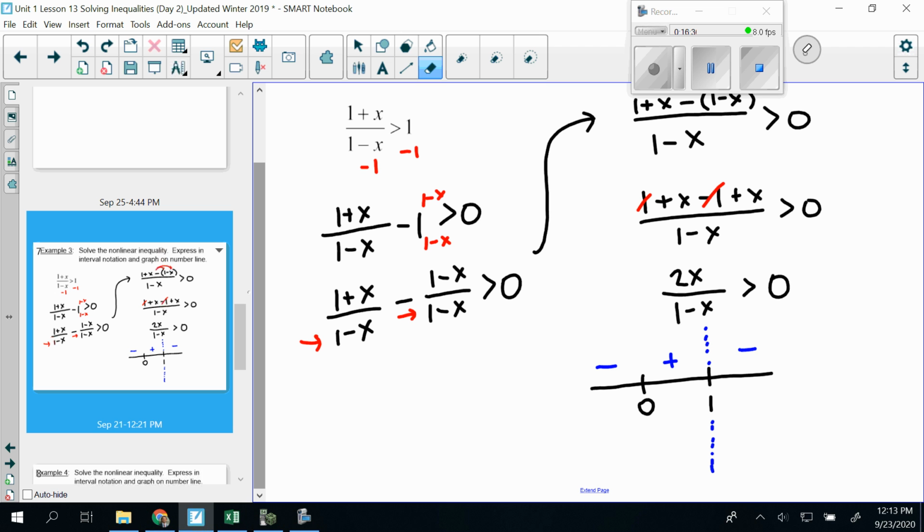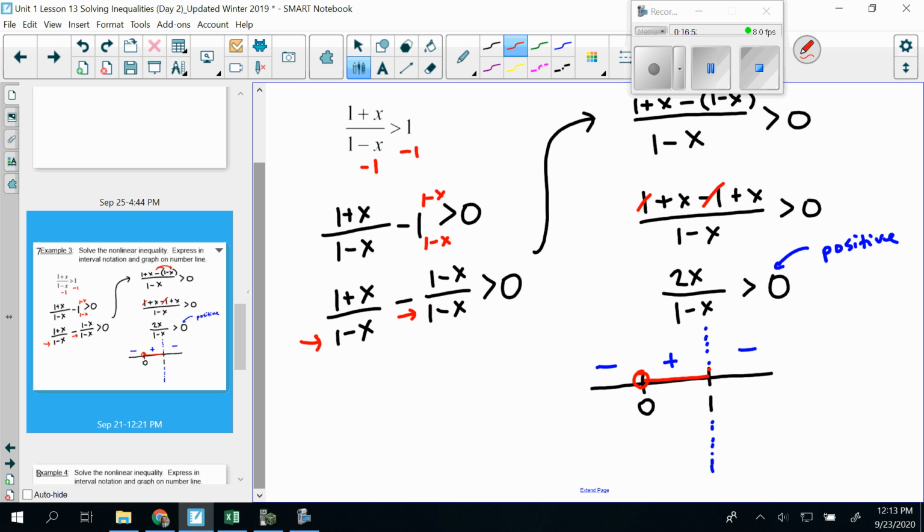The last step is to, again, write your interval out. So on this one, since we're looking greater than 0, we want the positive regions. The positive region on our graph would be right in here. We're not counting the end points because we don't have the equals to.